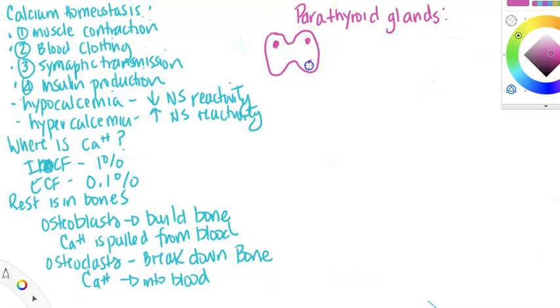There are 4 little nodules on the back of the thyroid gland, and they monitor blood calcium levels. They are looking for low blood calcium. That's all they're looking for, to make sure we don't have low blood calcium, because we have to be able to do these things over here.